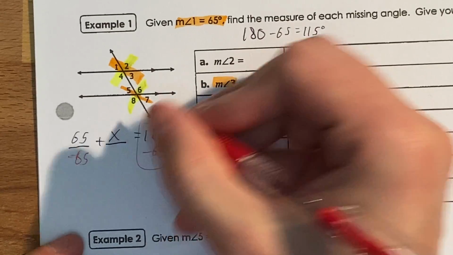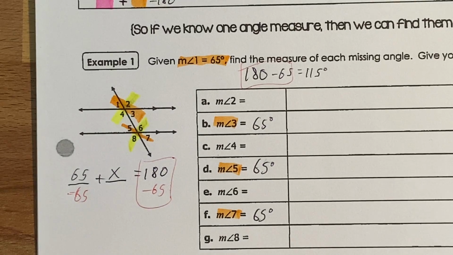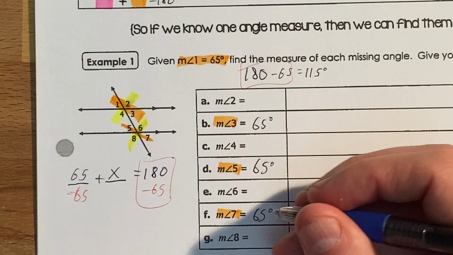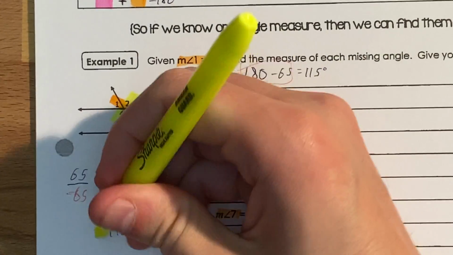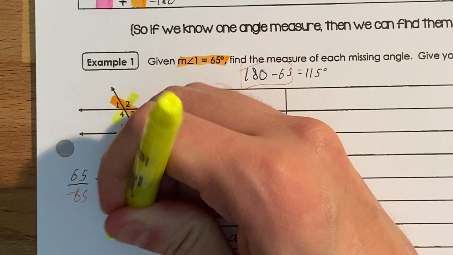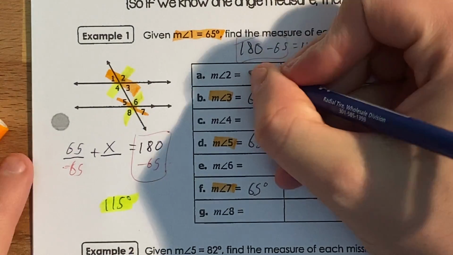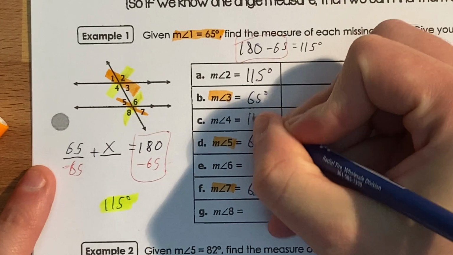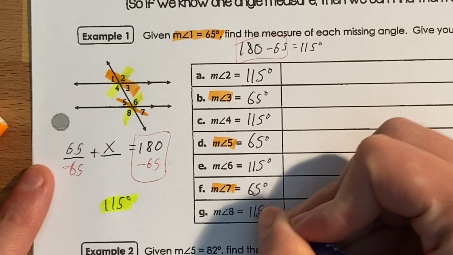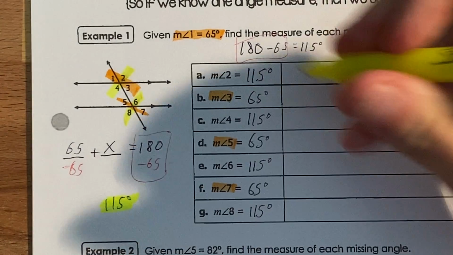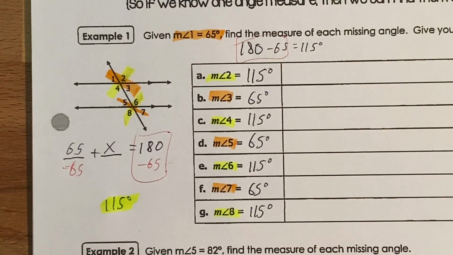And sure enough, you end up with that 180 minus 65 that I was talking about up there, and you end up with 115 degrees. Meaning everything that was yellow is 115 degrees. So I would just go 115, 115, 115, 115, because all of them were yellow.